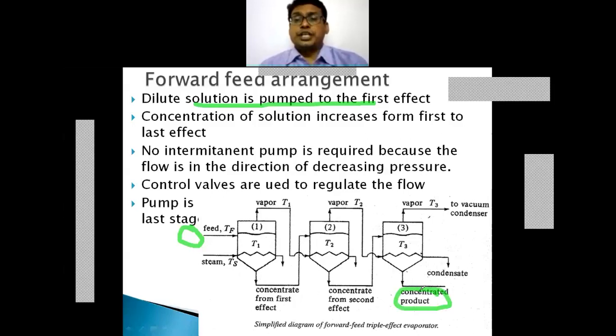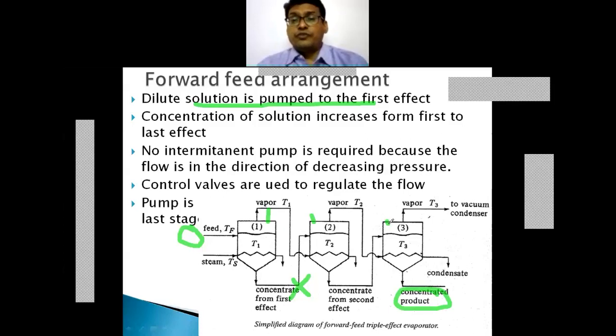No intermediate pumps are required here, because of the pressure reduction. This is at the highest pressure, then less pressure, and this can be under vacuum. So no intermediate pumps are required because the flow is in the direction of decreasing pressure.